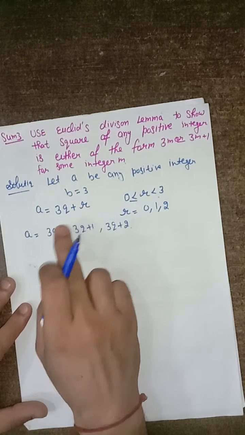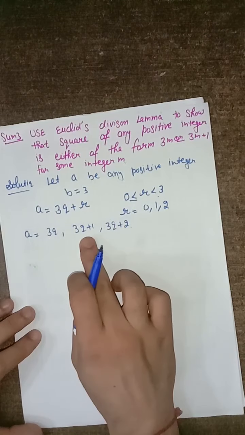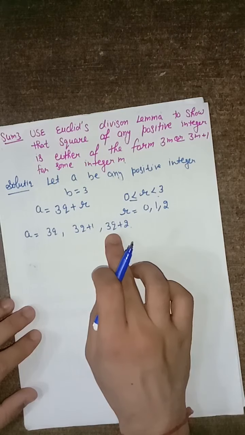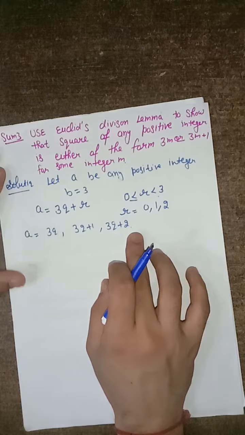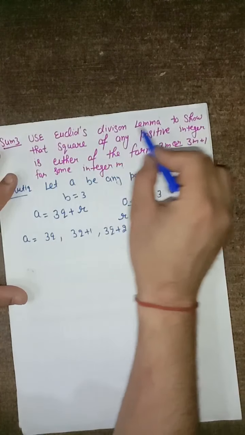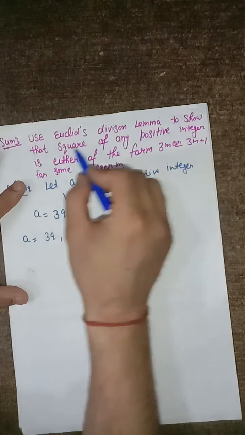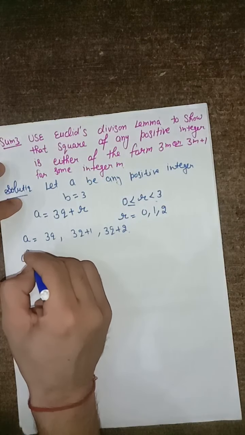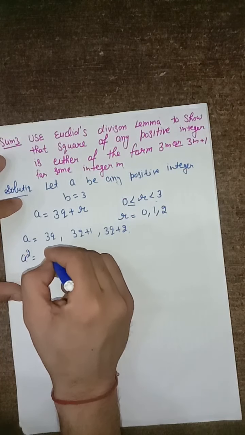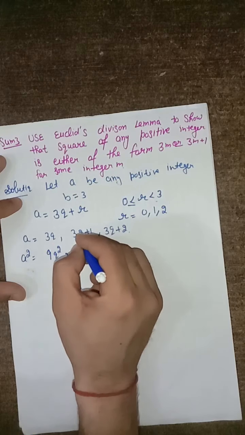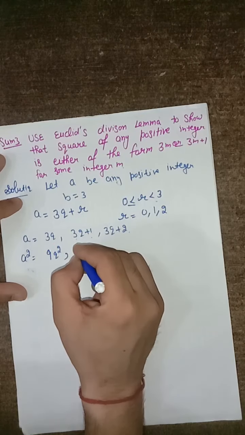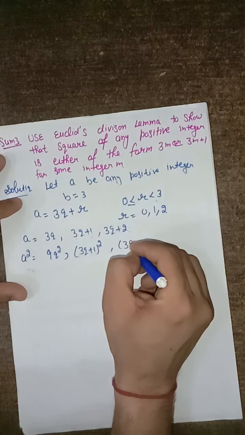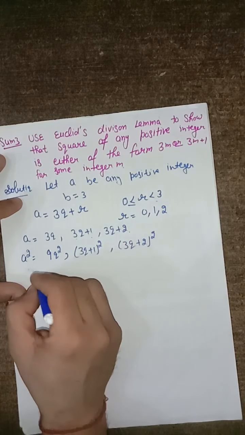When we put 0, it becomes 3q, when we put 1, it becomes 3q plus 1, and then 3q plus 2. Now the statement says the square of any positive integer, so take the square of a. It will become 9q square, then 3q plus 1 whole square, and 3q plus 2 whole square.